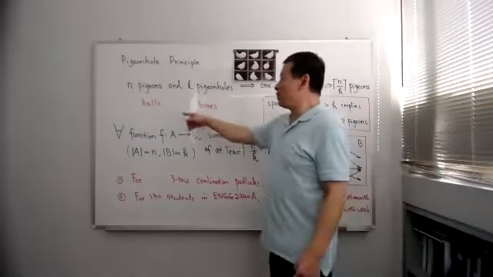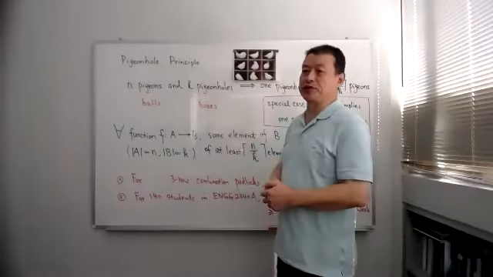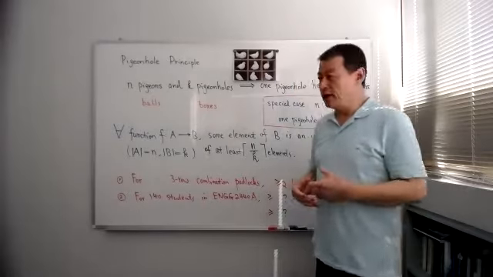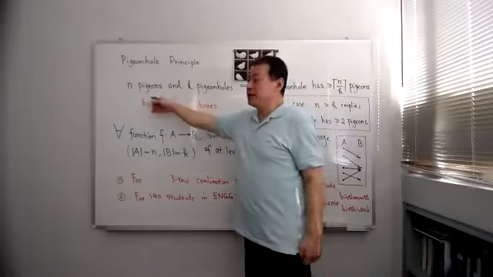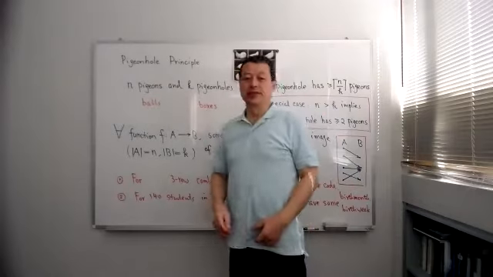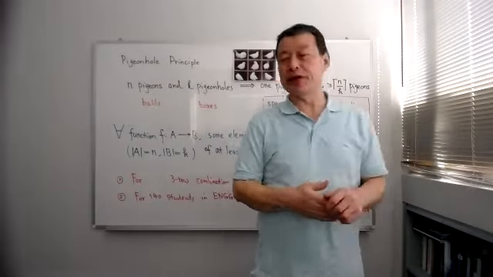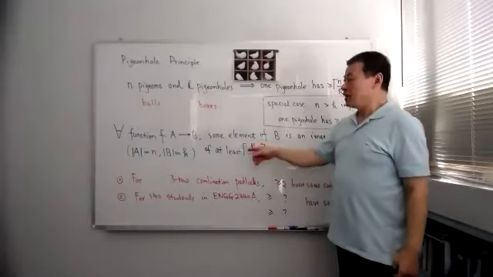Usually we use balls for pigeons and boxes for pigeonholes. Of course, mathematically, this is not a rigorous statement. To be rigorous in mathematics, we'll state it in terms of functions.